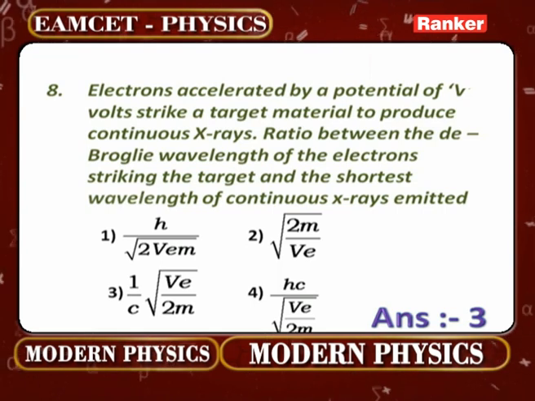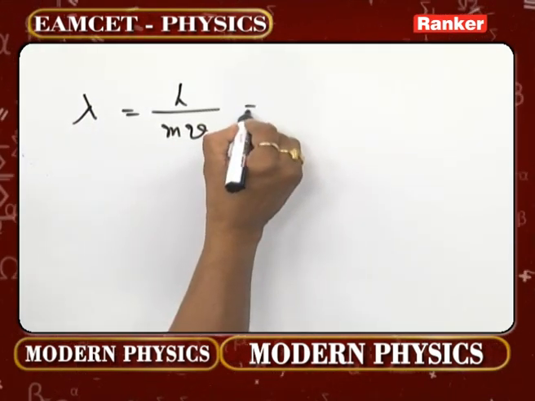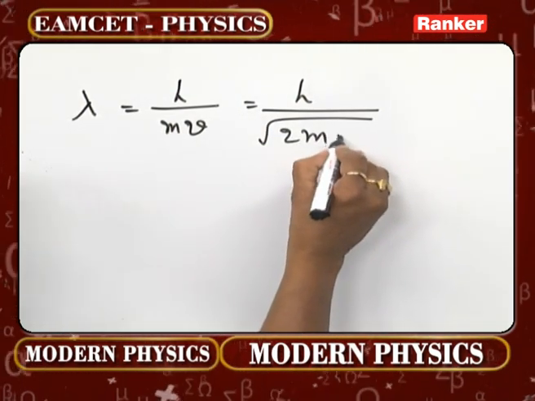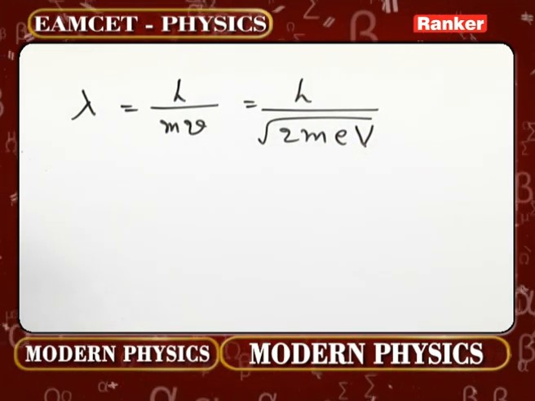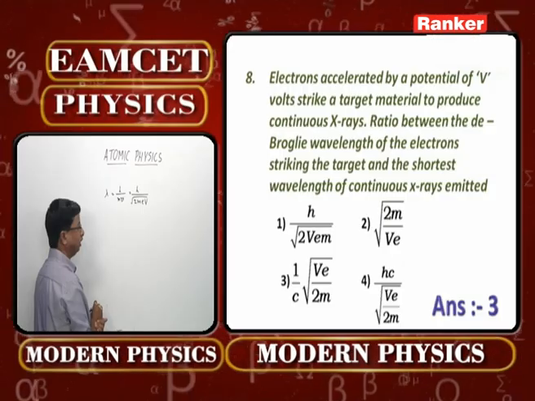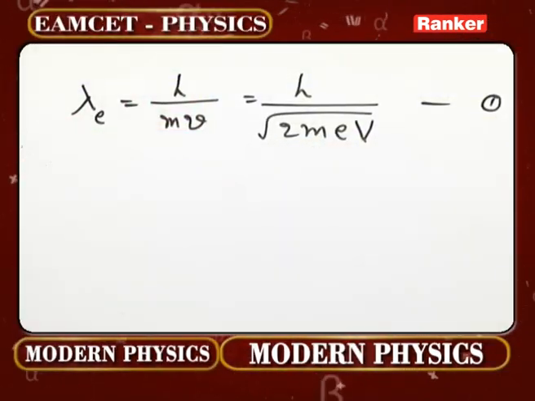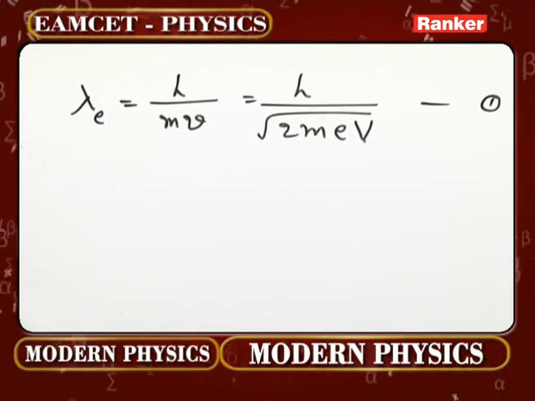Lambda is equal to h by mv. You can write this as h by root of 2m into eV. This V is the potential difference given in the problem as capital V. This is lambda of electron. Remember that.